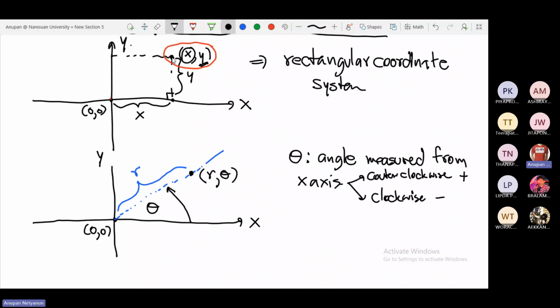But with this one, I use a different perspective. I start from this point, and on this axis, I raise it by an angle of theta, or I go counterclockwise by an angle of theta. So I get an imaginary line. Then what I do is walk on this line r units. Then I get to this point, okay?